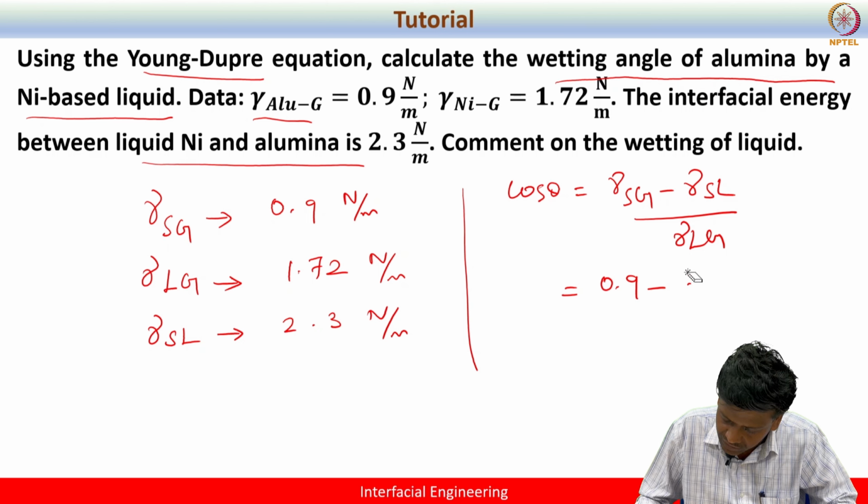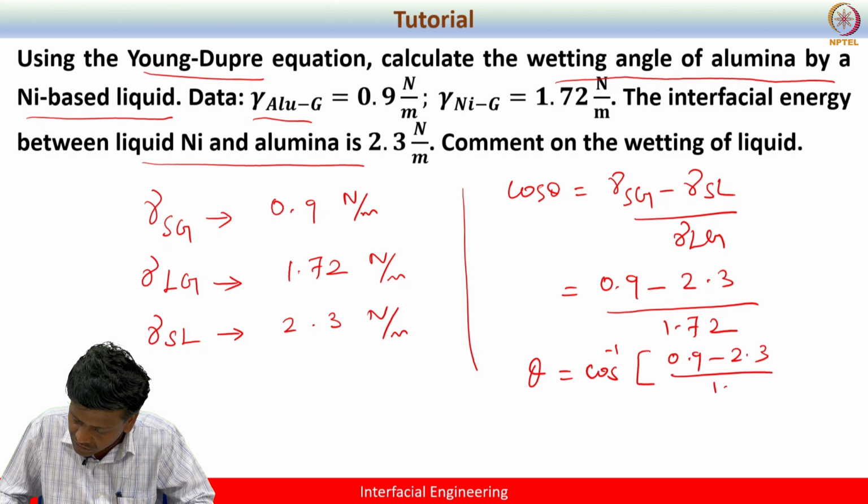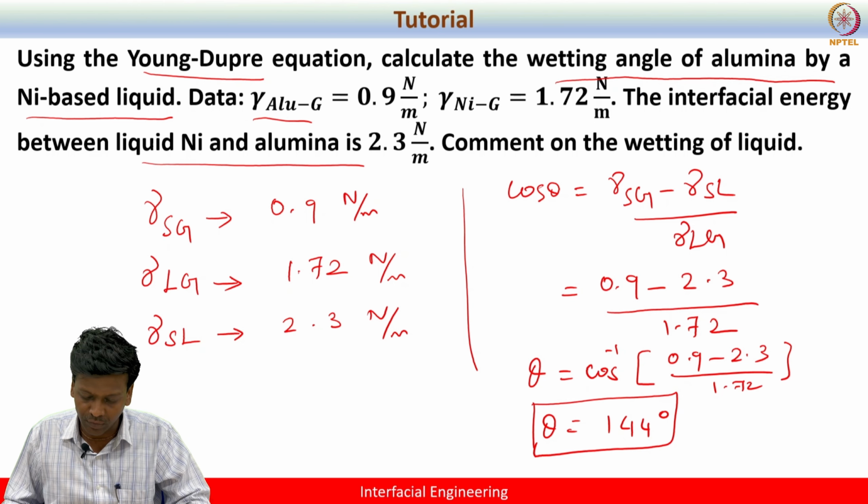this will be 0.9 minus 2.3 divided by 1.72, and one would get theta, which is cos inverse of this whole component, which is nothing but theta equal to 144 degrees. So the surface is highly hydrophobic.